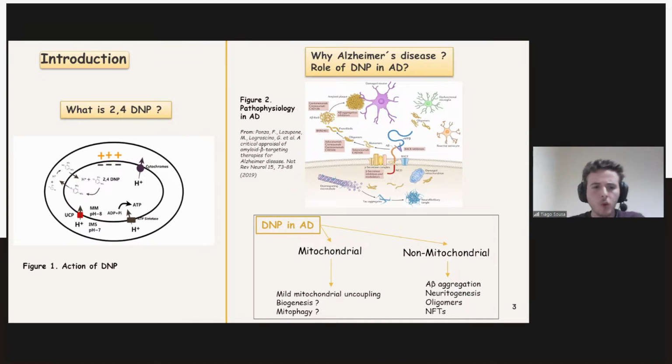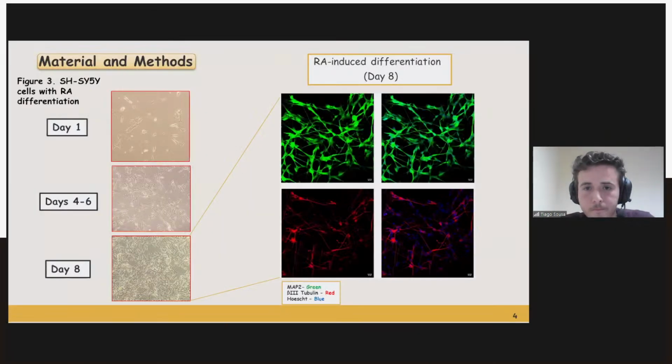So what we want with this work is to evaluate if the agent is capable of reverting Alzheimer's disease pathology in vitro using SH-SY5Y cells. Okay, so let's go. Okay, important, we used an in vitro model.